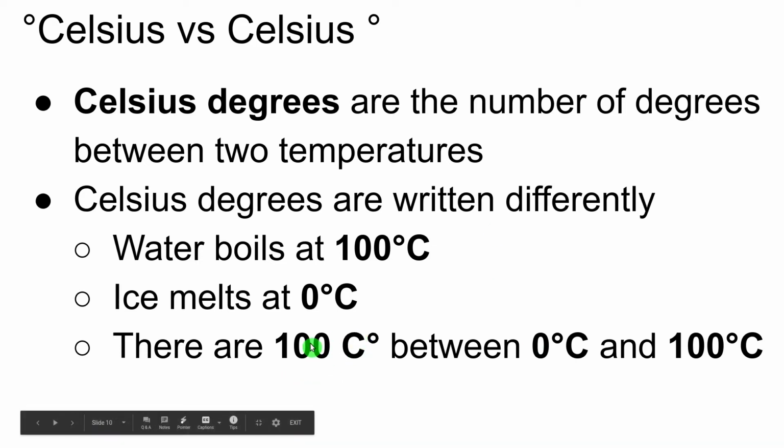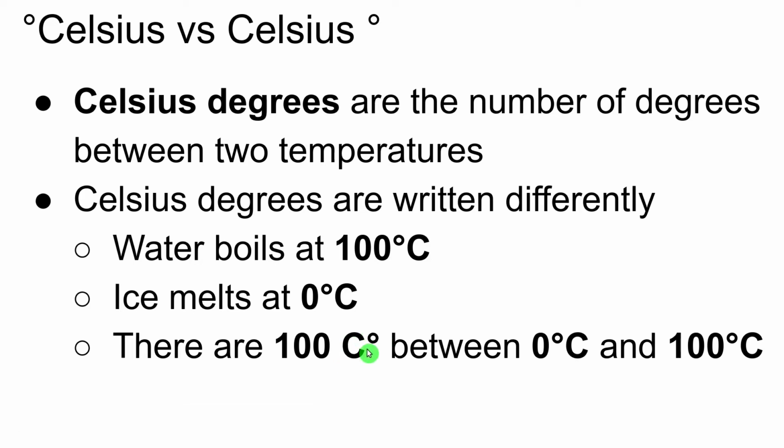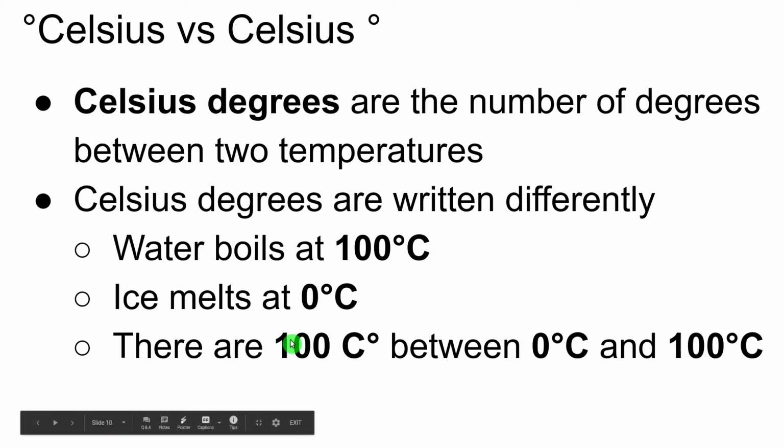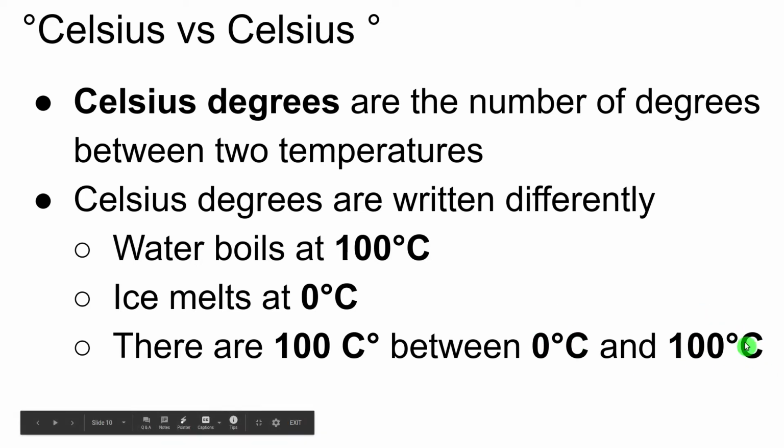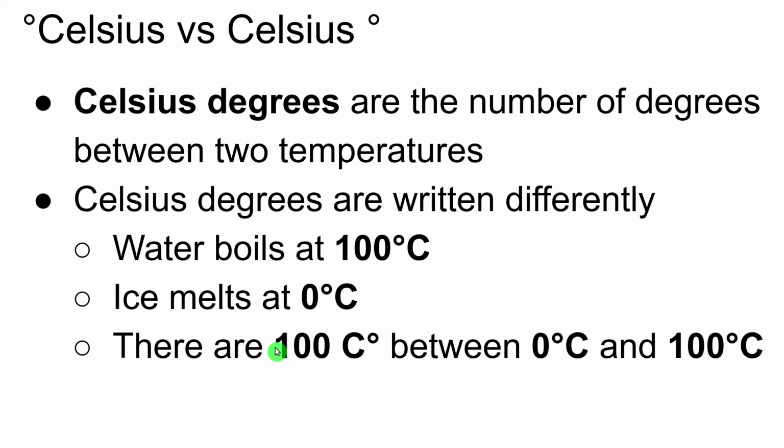So now you can see that it goes 100 space Celsius degrees. So with Celsius degrees, we're talking about degrees. With 0 degrees Celsius, we're talking about a temperature. So there are 100 Celsius degrees between 0 degrees Celsius, that's a temperature, and 100 degrees Celsius, that's a temperature.